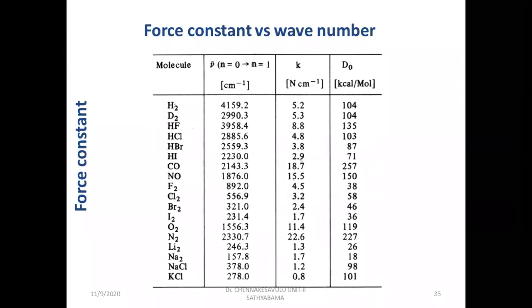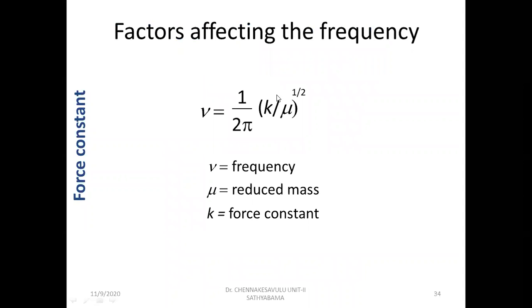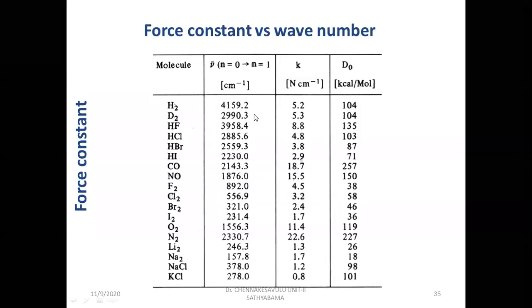See the force constant and wave number for simple diatomic molecules. For hydrogen, the wave number is 4159, and the force constant k is 5.2 Newton per centimeter, and for iodine you see 1.7.